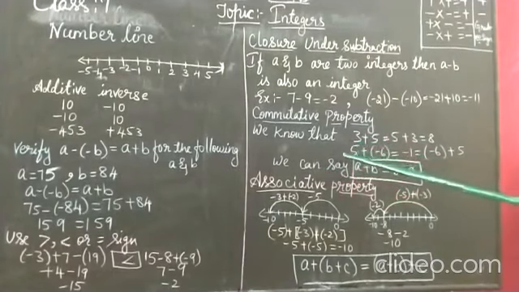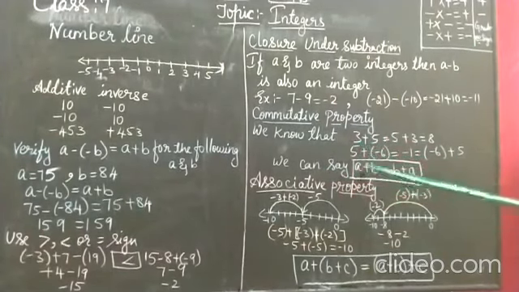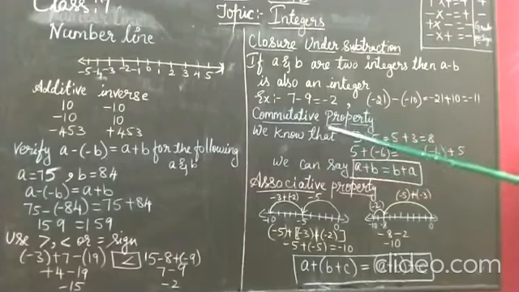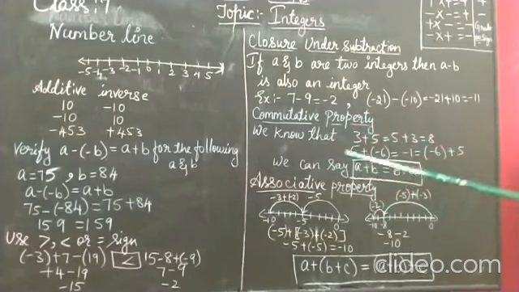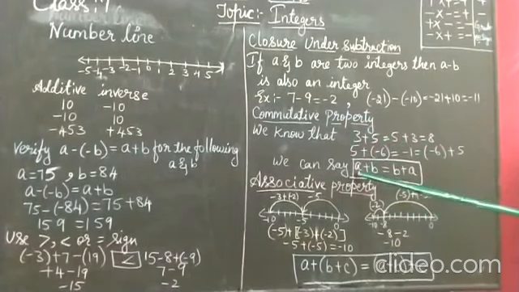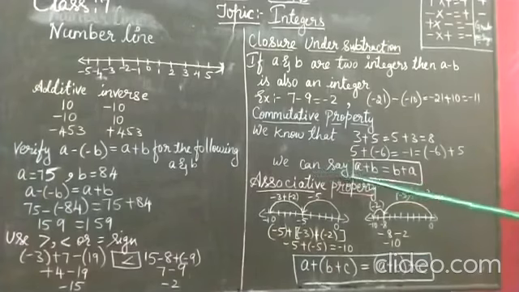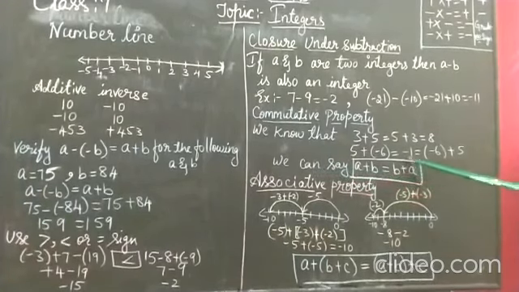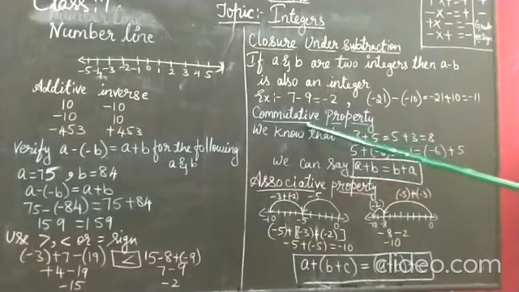Why? Because the numbers can change, but the formula or the format we take will not change. Therefore, we take it in variables. So we can say that a plus b is equal to b plus a. This is our commutative property.